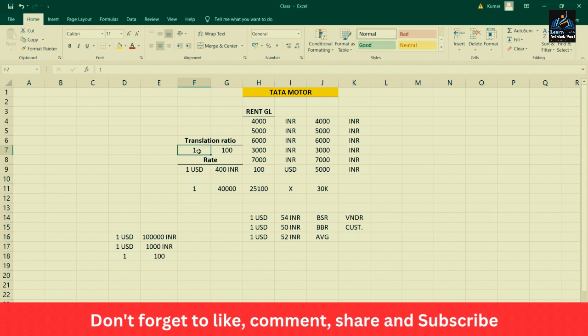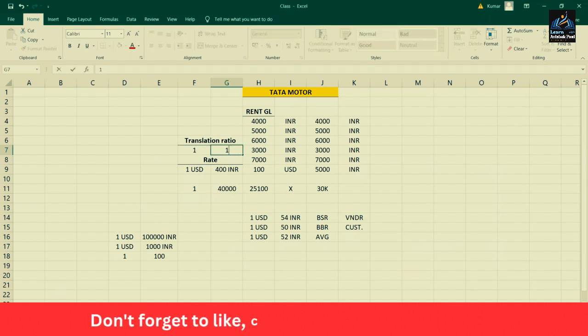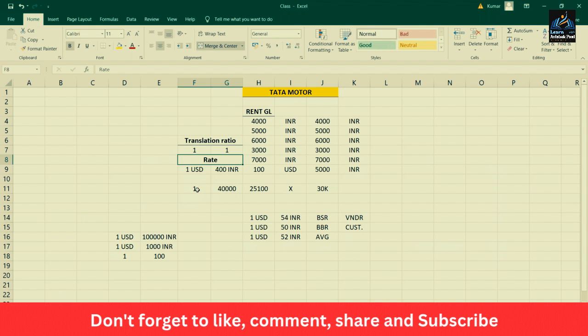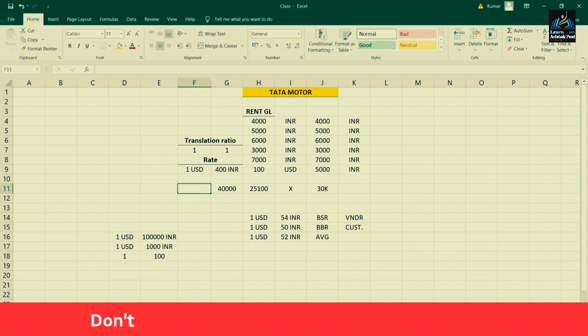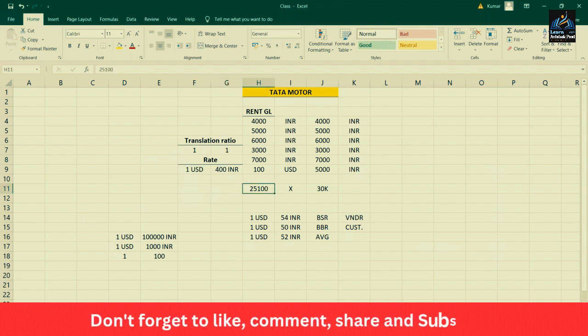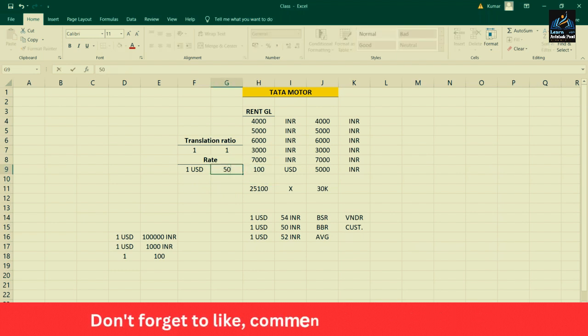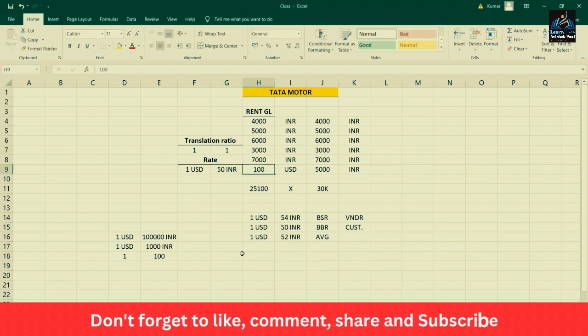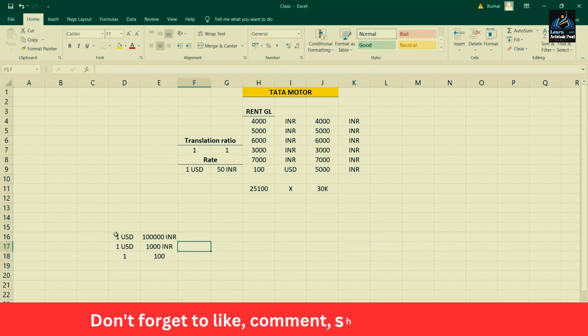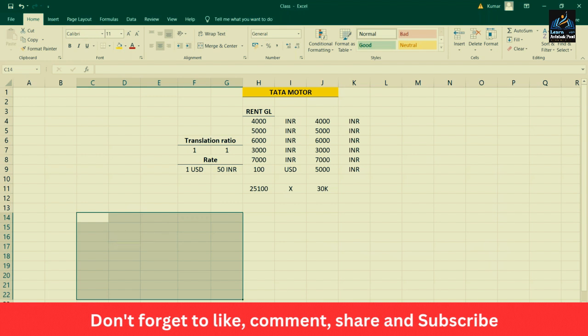See, the translation ratio I'm now going to make 1:1 itself. That logic I have already explained in the previous session, so let me delete these things. Now here, 1 USD equals 50, suppose in a currency. I'll remove this thing also because this is already explained in the previous session.